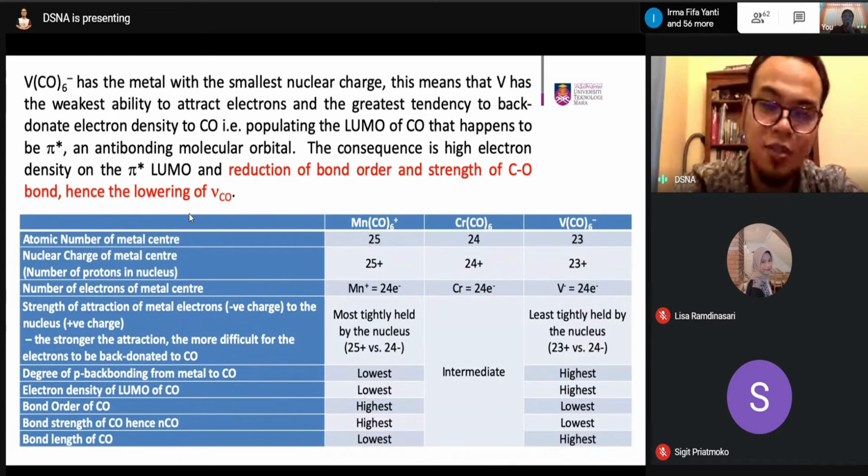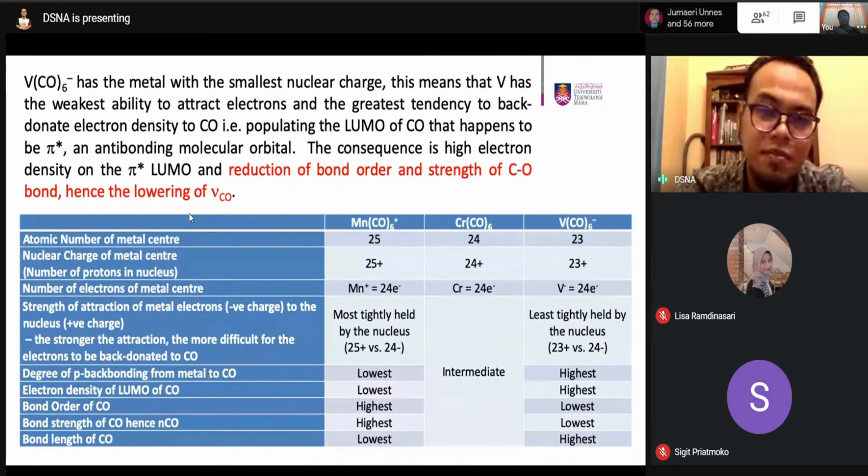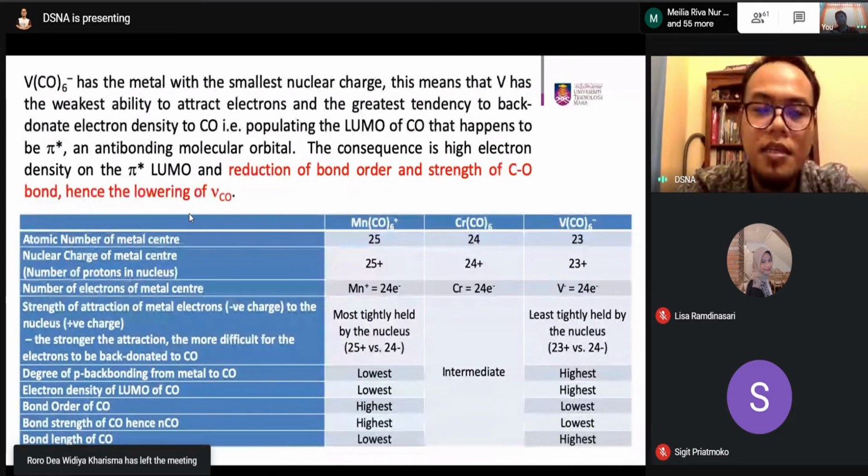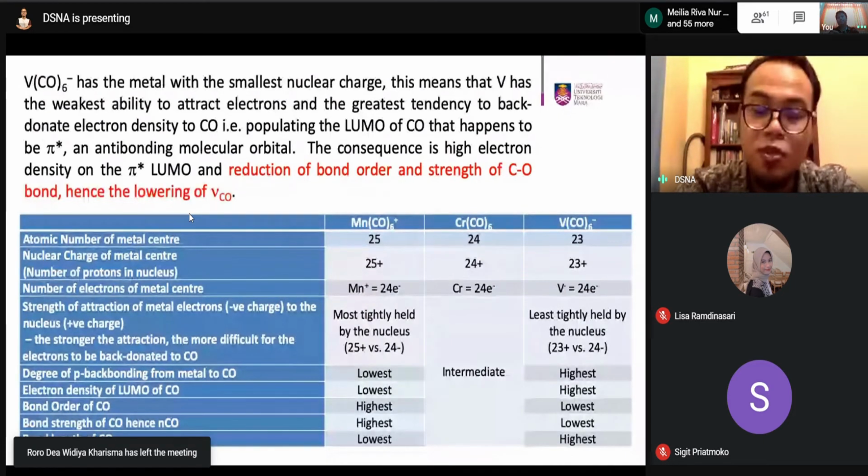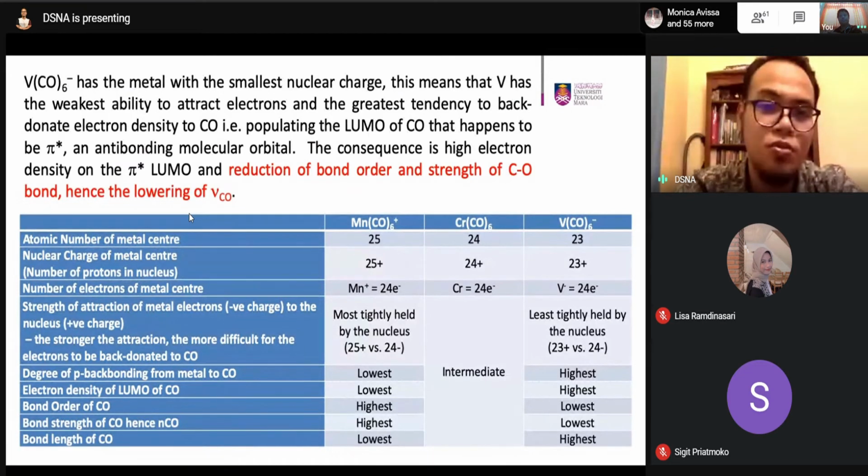That's why ligand is called ligand anyway, because ligand needs to have electrons to donate, or else there will not be any interaction between the metal and the ligand. So ligand itself must be able to donate electrons to the metal. This is the first step, and this applies to almost all formation of complexes.